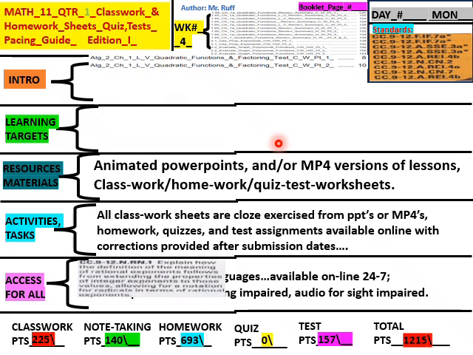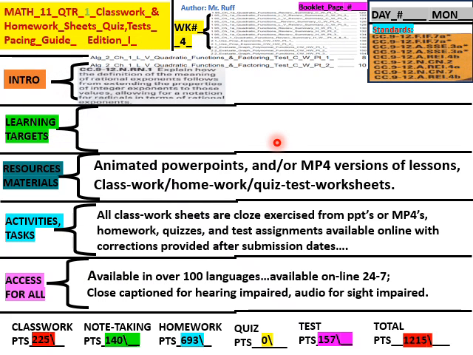So we learn how to do that. And that's Rn.1. That's your intro here. We've been covering that since way back in Week 2.